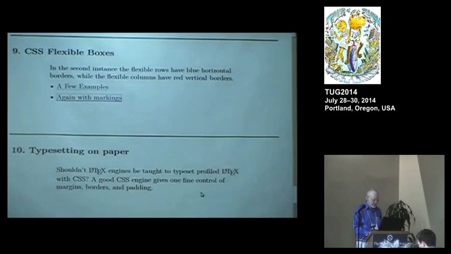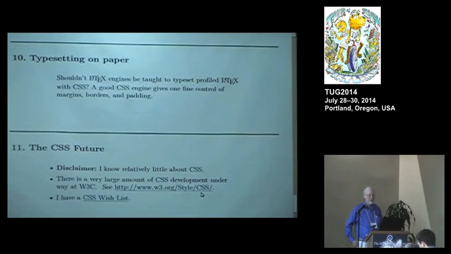And so one of my thoughts is, shouldn't LaTeX engines be taught to typeset profiled LaTeX with CSS? A good CSS engine gives one fine control of margins, borders, and paddings.